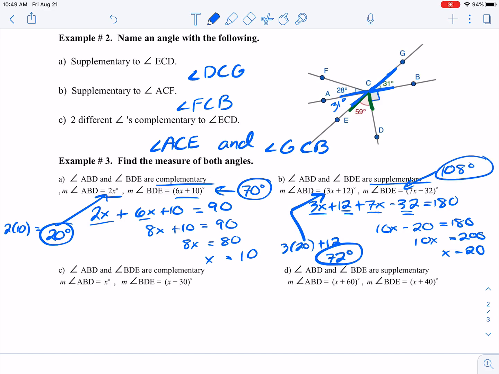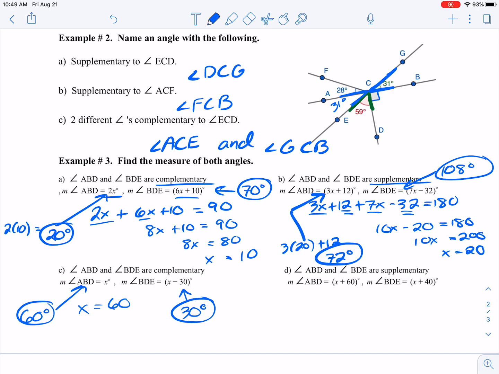All right, why don't you pause the video, or the video will pause on its own, and you're going to work out C, and then we'll do D right after. You should have gotten x equals 60. Therefore, the measure of angle ABD would be 60 degrees, and the measure of angle BDE would be 30. Remember, complementary, two angle measures whose sum is 90 degrees.